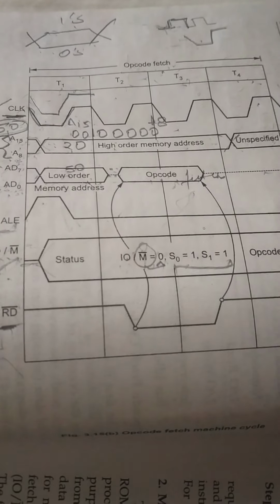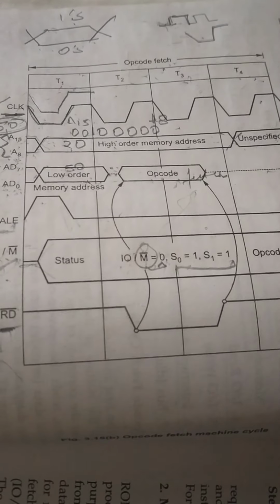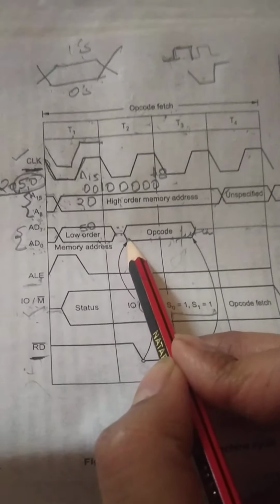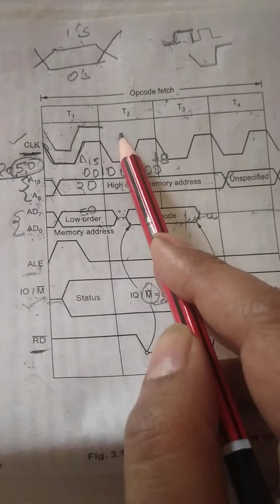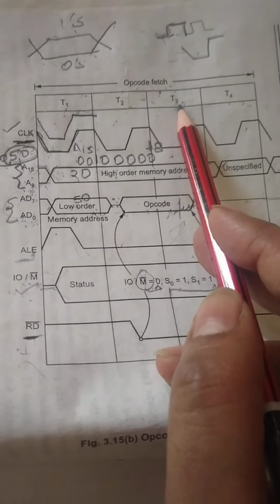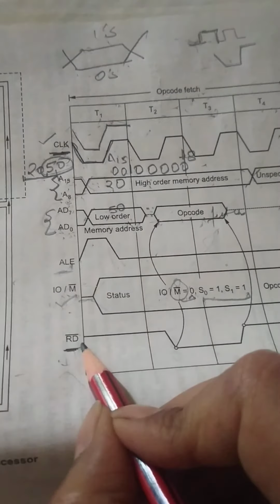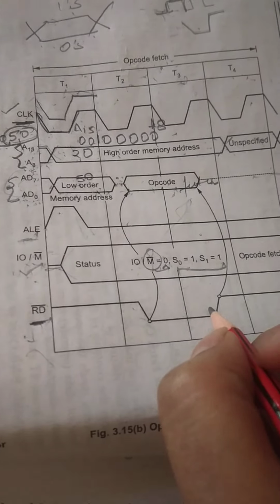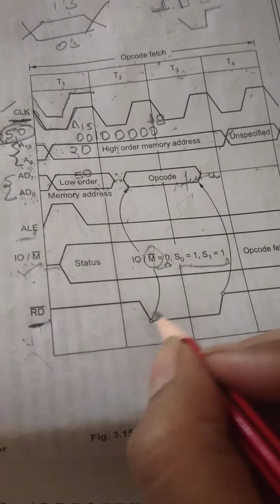Now we are getting something out of the memory to the microprocessor. It means the microprocessor is reading the instruction when opcode fetch is happening. So it is from the mid of T2 to the mid of T3. So the read signal is active only from the mid of T2 to the mid of T3 state.